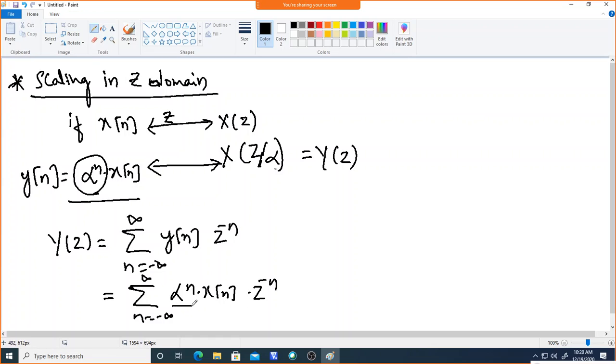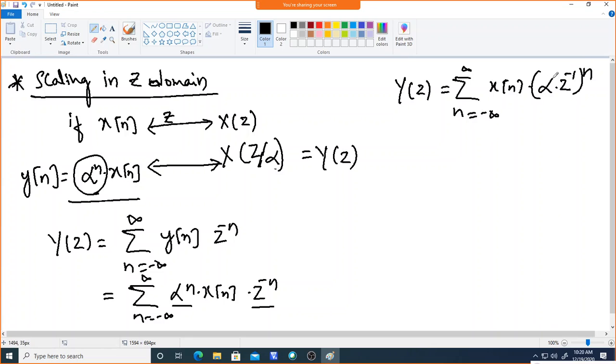Now you combine this alpha power n and z power minus n, so you will get y of z equal to summation n equal to minus infinity to plus infinity x of n into alpha into z power minus 1, whole power n.